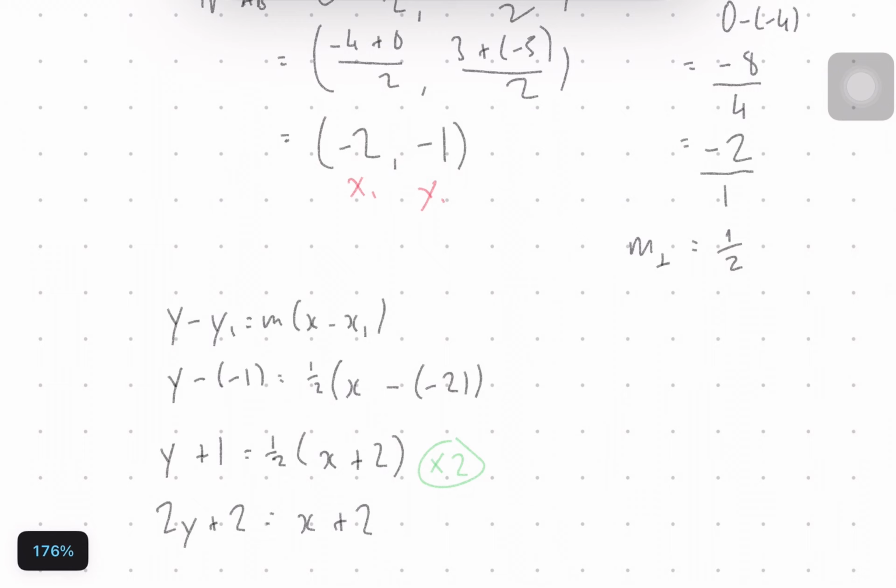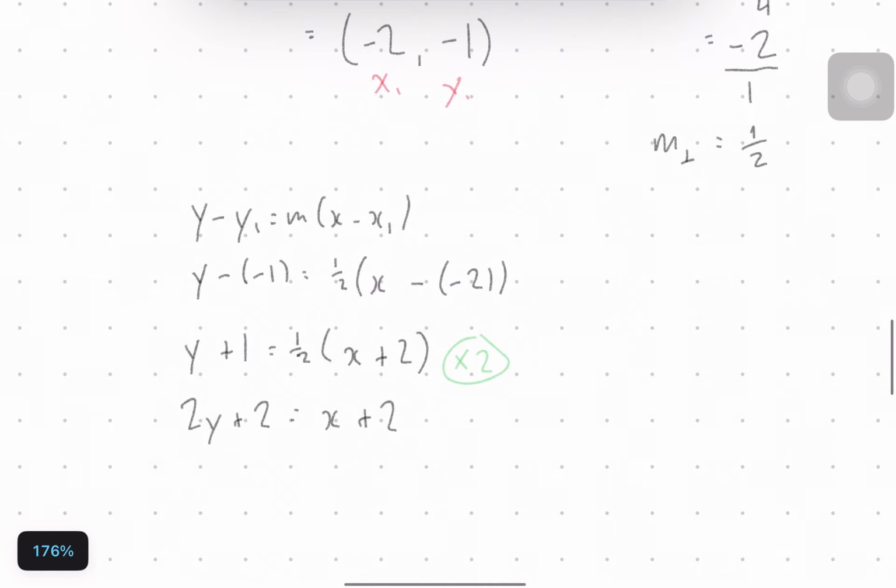Looking ahead, I'm going to solve this as a simultaneous equation, so I'm going to get my x and y on one side and my numbers on the other. So bringing the x over, I get minus x plus 2y, and then bringing my 2 over to the right hand side, 2 minus 2 is equal to 0.